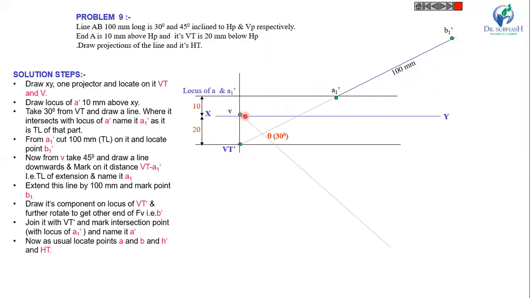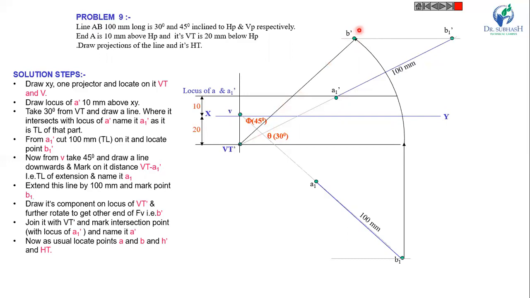Now from V, draw a line at an angle of 45 degrees. Phi is 45 degrees as given. Here B1 dash and B1 and A1 are 100 mm. Draw the locus from both sides from B1 and B1 dash. Now from point B1, draw a vertical line and draw an arc. So you will find the point B dash.